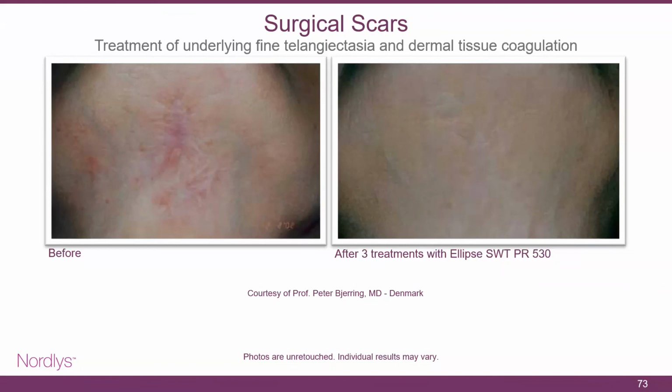We may get a little improvement from some of the heat that we're delivering into the tissue, but the main purpose of this is to take away the redness of the scar. And then it would be possible to use a non-ablative erbium to start to generate more collagen within the tissue to smooth out that scar tissue.